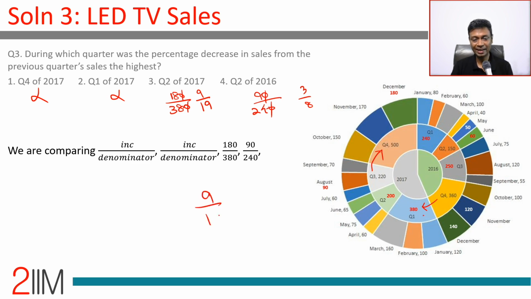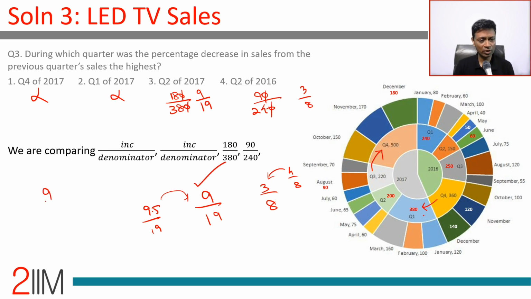We're comparing 9 by 19 and 3 by 8. 9 by 19 is just less than half. 9.5 by 19 is half. 3 by 8 is also less than half. 4 by 8 is half. Just think about this. 9.5 by 19 to 9 by 19 is a very small drop. 4 by 8 to 3 by 8 is a large drop. So this number is closer to half, and is larger than this.